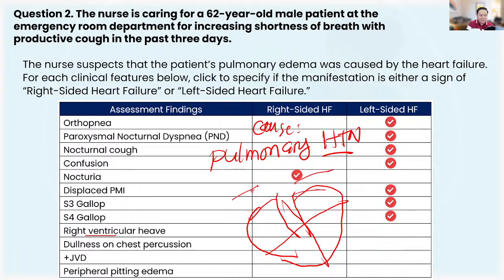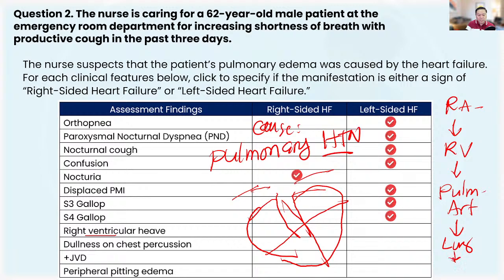Okay. So basically, if you want to recall the path of the blood in the heart chambers, remember that the blood enters into the right atrium, right? It goes to the right ventricle, and also it will go to the pulmonary artery, and then it goes to the lungs.